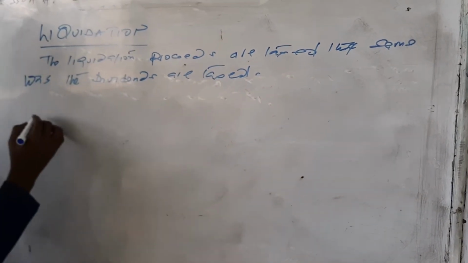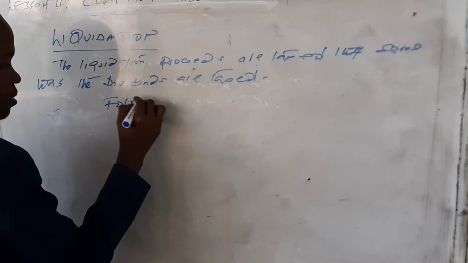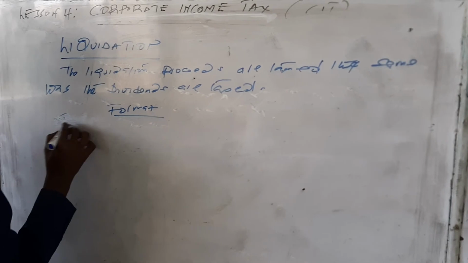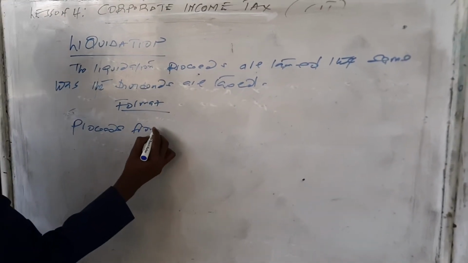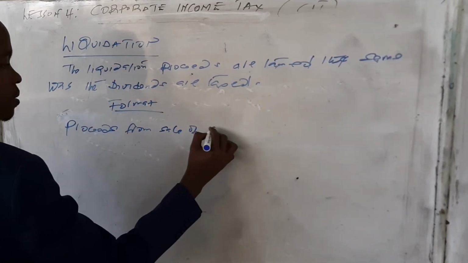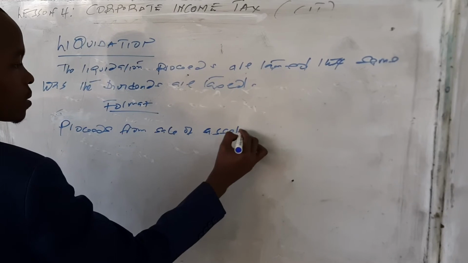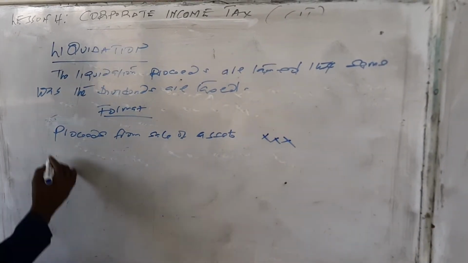So let's look at the format. For the format, we just say the proceeds from sale of assets. Just post your figure here.